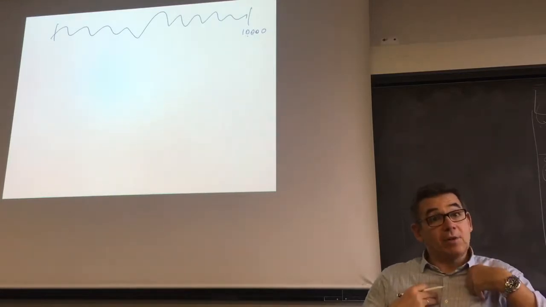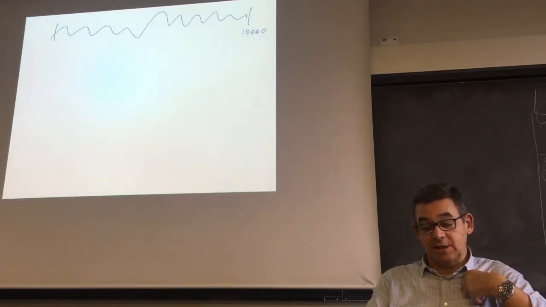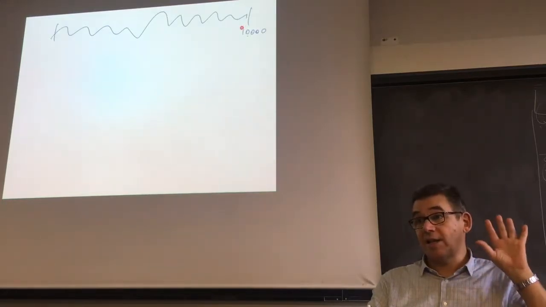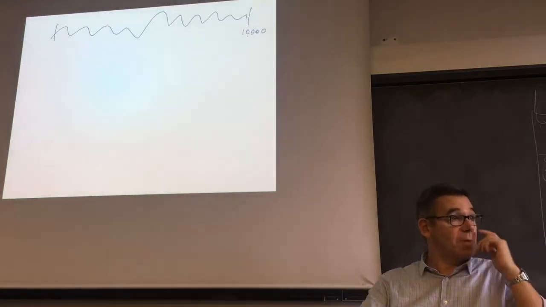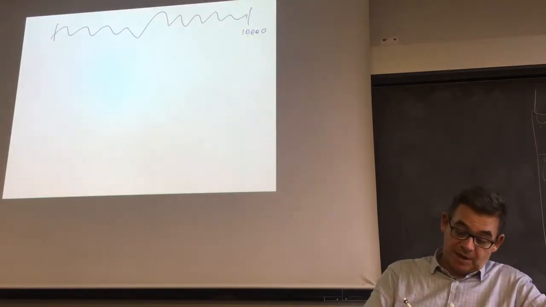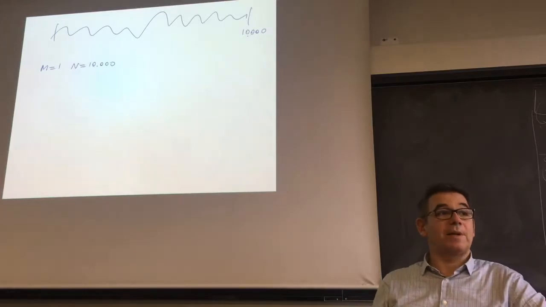Then what I can do is this. I can decide that the total data set is 10,000, so that means that my subset count is 1. So I take all the data and make one periodogram. Now, if I choose, let me say, M equal 1 and N equal 10,000, what happens?